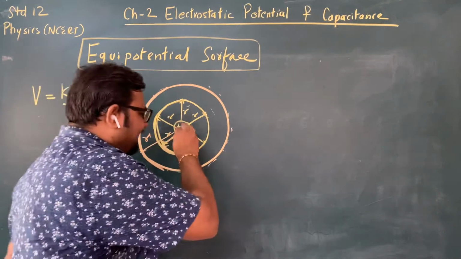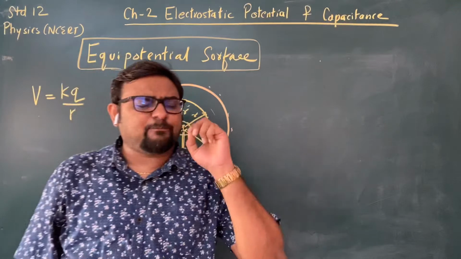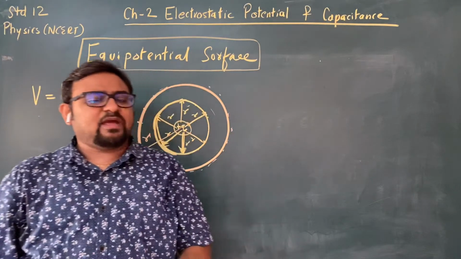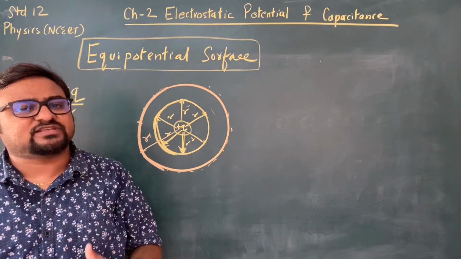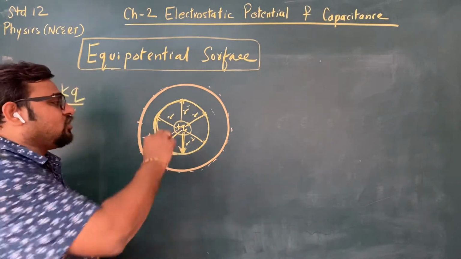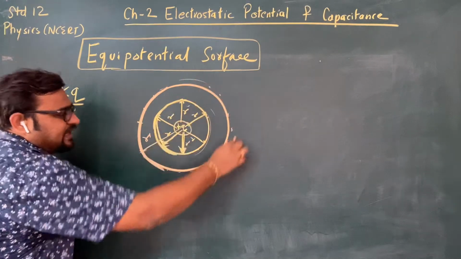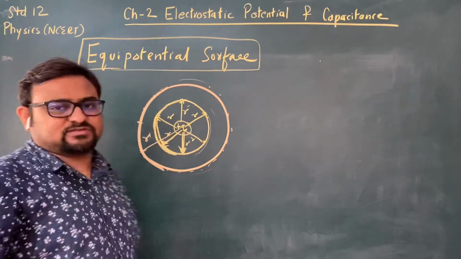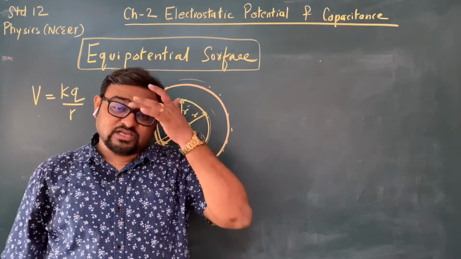So if I take a point charge, then the equipotential surfaces will be concentric spherical shells. Clear? So what is equipotential surface?